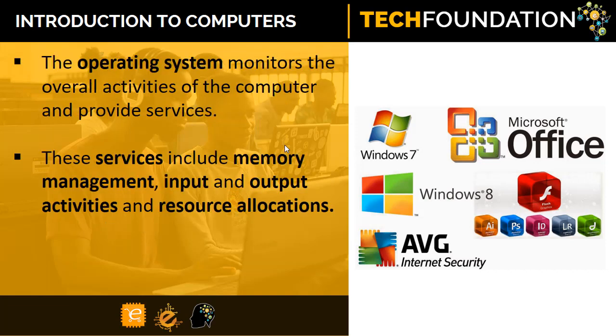The operating system monitors the overall activities of the computer and it provides services to the application software. So the operating system acts as an intermediary between the computer's hardware and the application software. The services rendered by the operating system include memory management, input and output activities, and resource allocation.